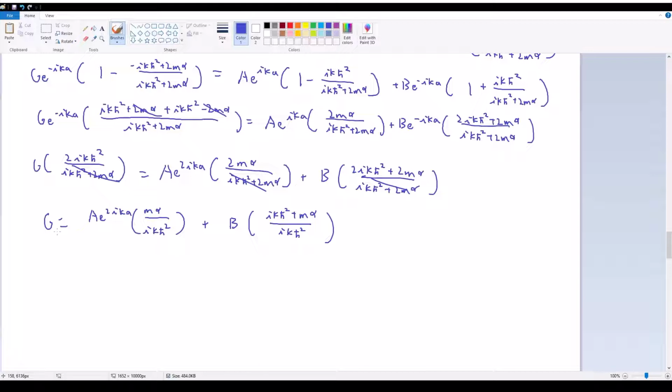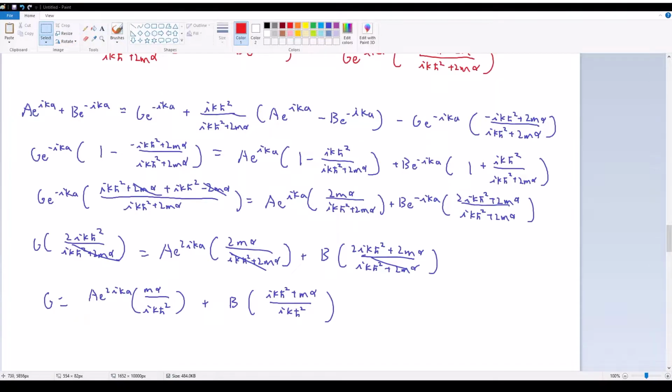And then on the other side, ik h bar squared should be multiplied by i over i. That is going to be, yeah, okay, that seems correct. And now let's plug this back into f and solve for that.